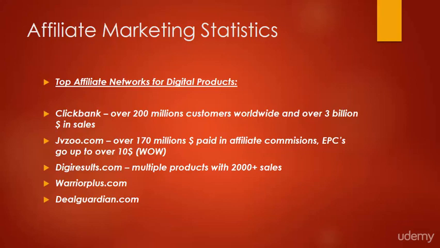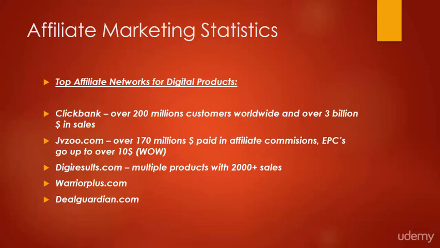Then we have DG Results, which is pretty similar to Joint Venture Zoo. Warrior Plus is also kind of like Joint Venture Zoo, but it has a little bit fewer offers. Deal Guardian is also the same. So Joint Venture Zoo, DG Results, Warrior Plus, and Deal Guardian are a lot more focused on the internet marketing niche.